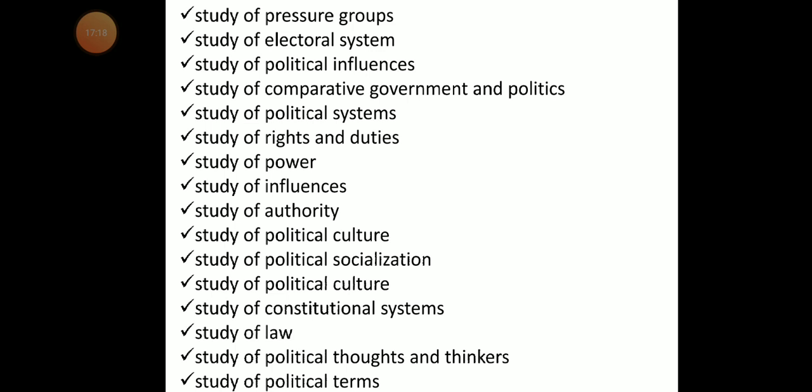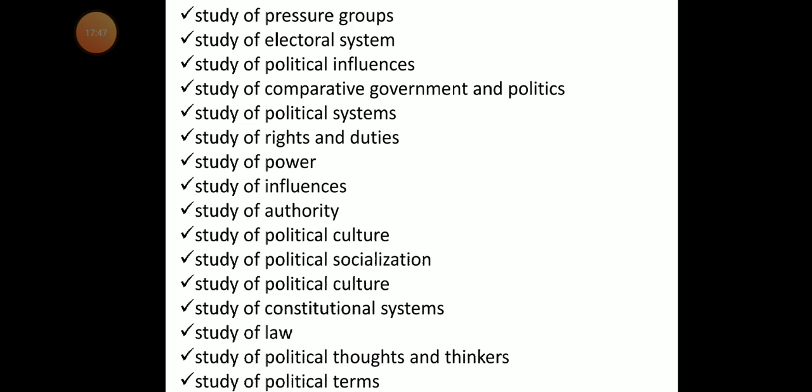Next, we study political culture, right. Political culture is composed of attitudes, basically beliefs, emotions and values of the society, right. All those attitudes, beliefs and emotions of the society relate to the political system, and it forms the scope of political science.